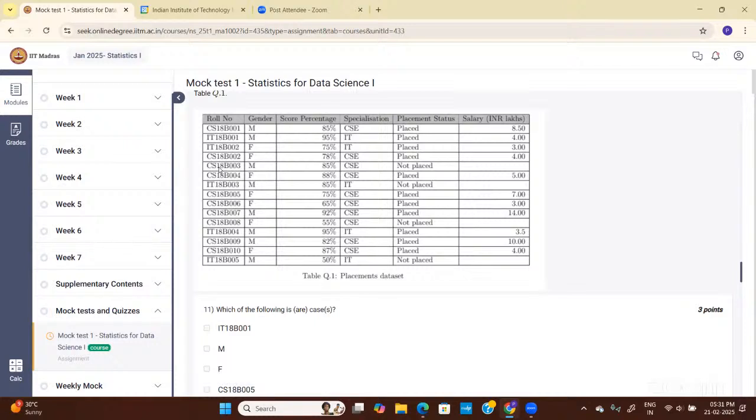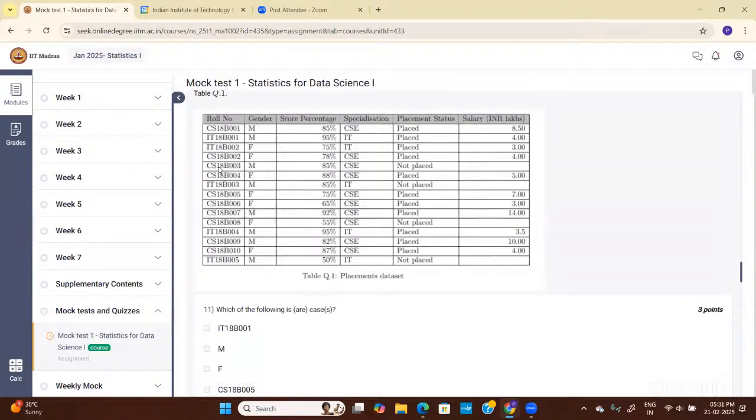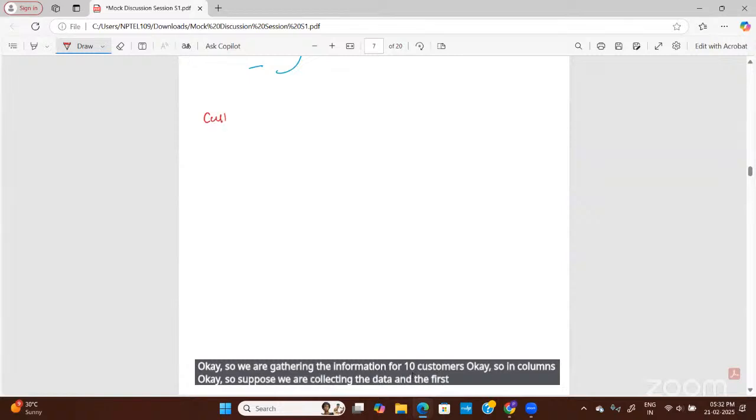Suppose you have 10 students in a class. Okay, don't take this example. Let's take 10 customers visiting a shop. We are gathering the information for 10 customers. In the columns, suppose we are collecting the data and first we write the customer name.